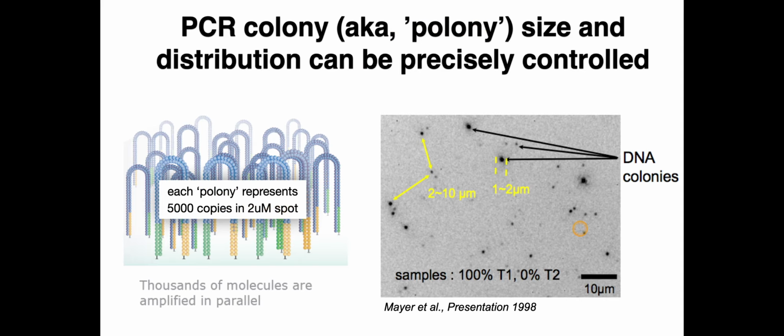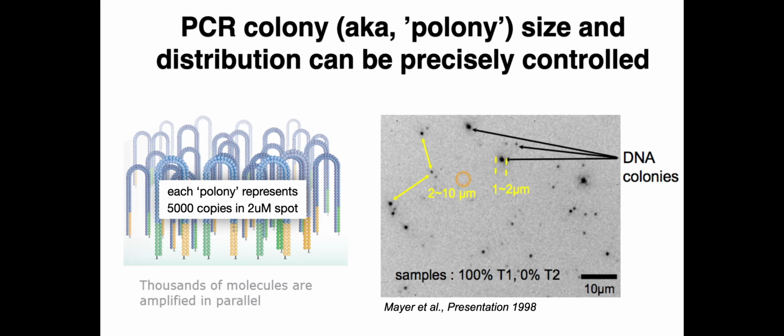And what Mayer's early work showed very nicely is that you could precisely control the size of the polony by simply the number of PCR cycles you went through. More PCR cycles, more doubling of those molecules, a larger spot, if you will. And you could control the distance those spots are apart from each other simply by how densely you seeded the solid substrate with your oligos.